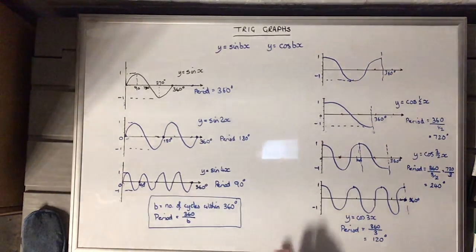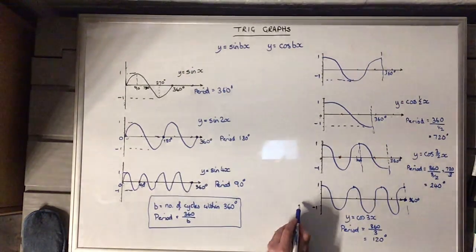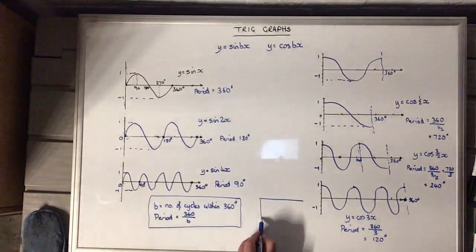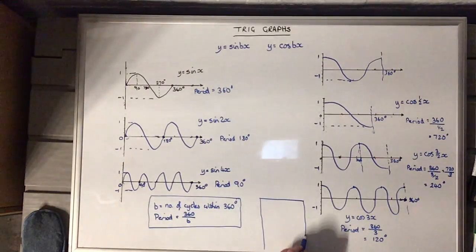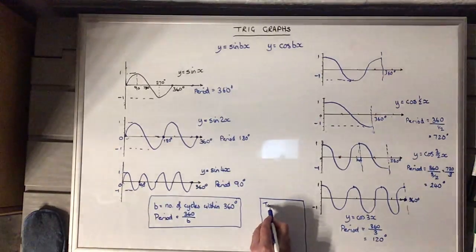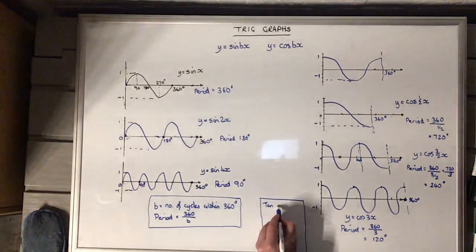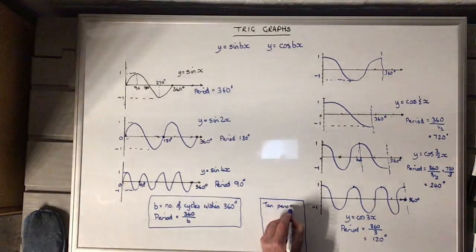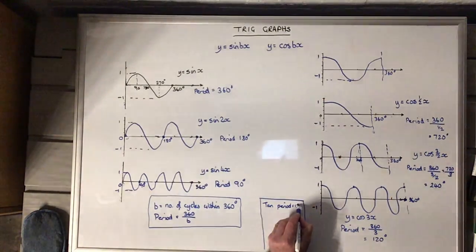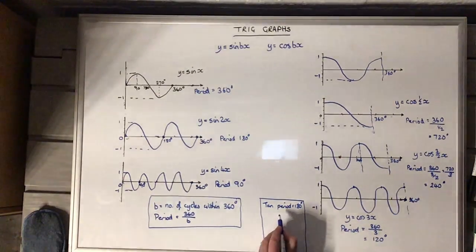Now, the same rules apply for tan, but you've got to be careful with tan. I'll just put a wee note here. Tan, if you remember from the other videos, has a period of only 180 degrees.